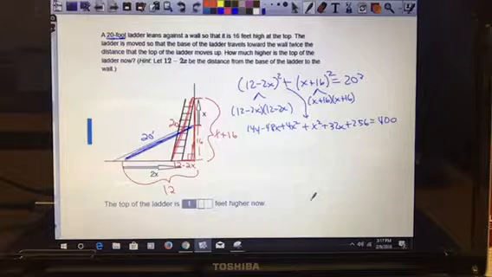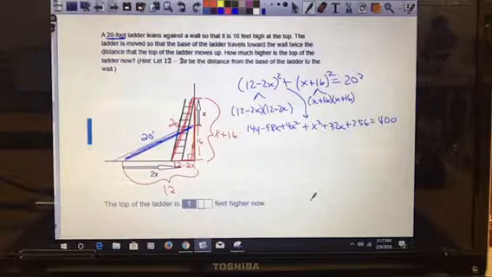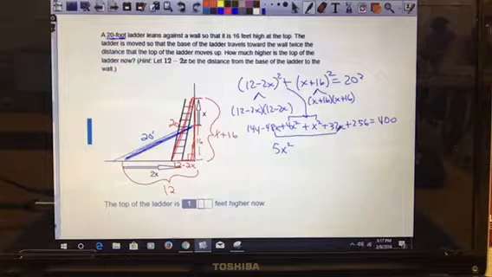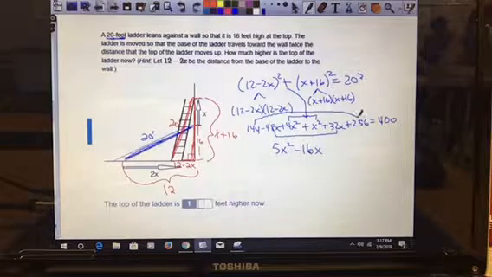So we need to combine all our like terms and then see if we can solve that for x. So I'm going to combine my x squareds and get 5x squared. I'm going to combine my x's, negative 48x and positive 32x. It's going to give me a negative 16x. And then 144 combined with 256 is 400. Equals 400.